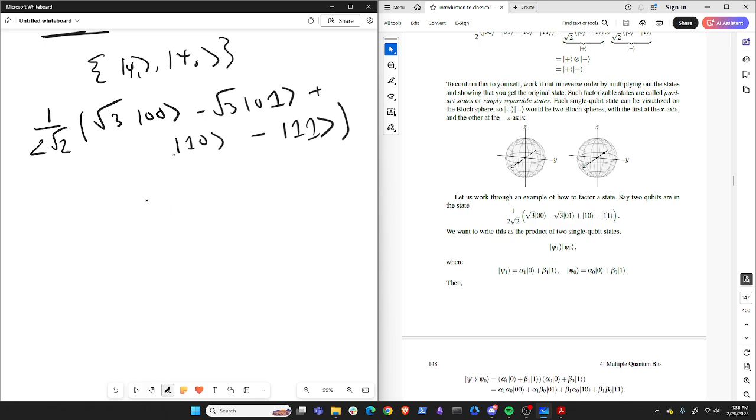If it cannot be factored into product states, by definition, it's entangled. Usually, we can do some kind of visual inspection also to see if it's entangled, but officially, to know for certain, we can factor this. So let's see if we have any entanglement here.